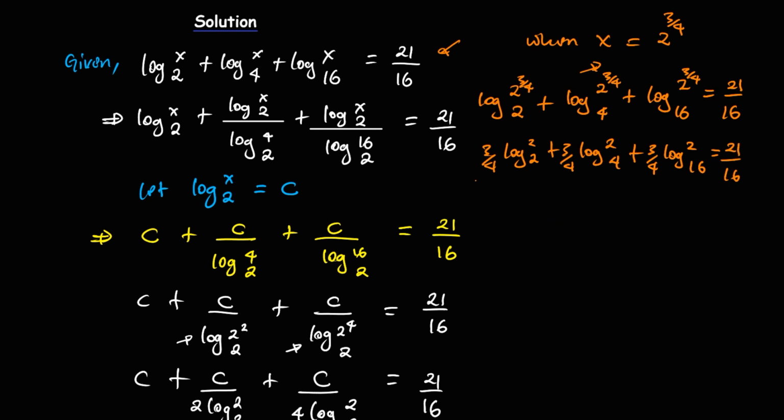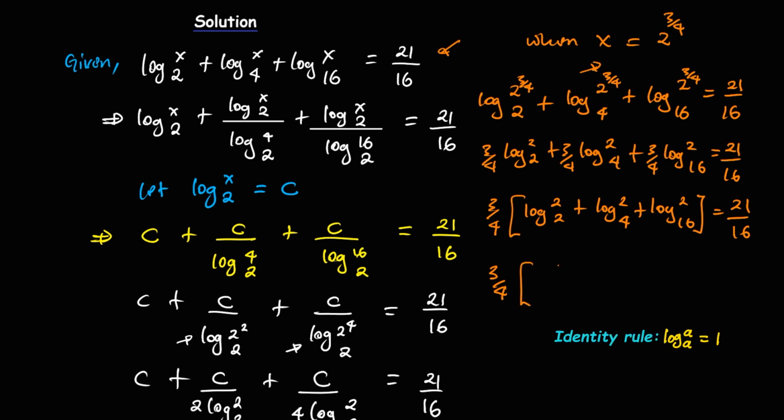16. But 3 over 4 is common on the left hand side, so we'll have 3 over 4 into bracket. This is the same as log of 2 base 2 plus log of 2 base 4 plus log of 2 base 16, and this should equal 21 over 16. So we have 3 over 4 into, from the identity rule, log of 2 base 2 is the same as 1.